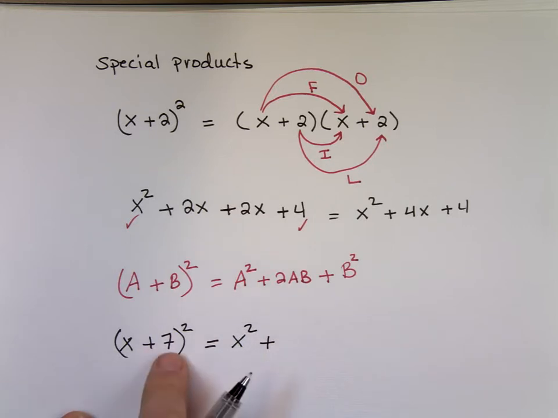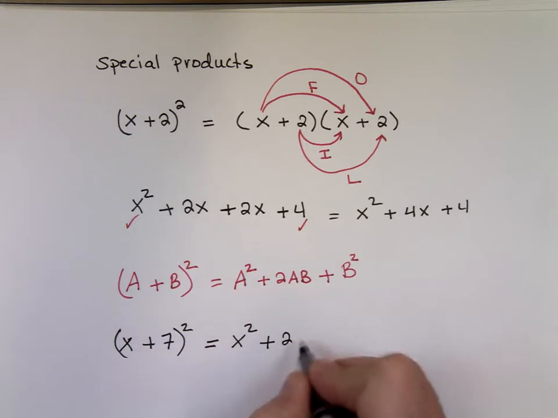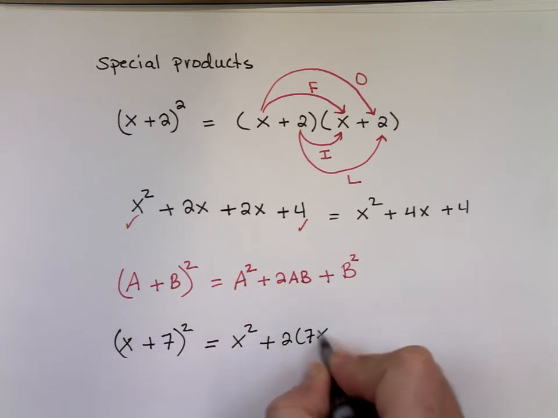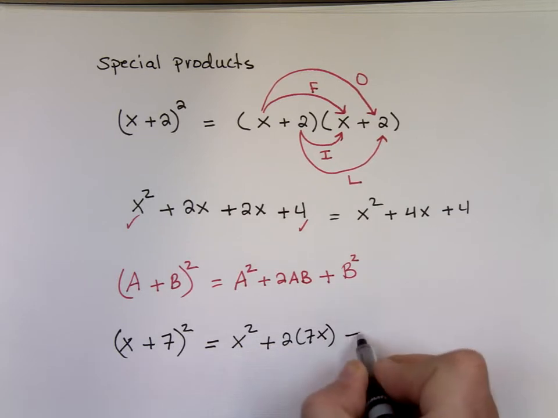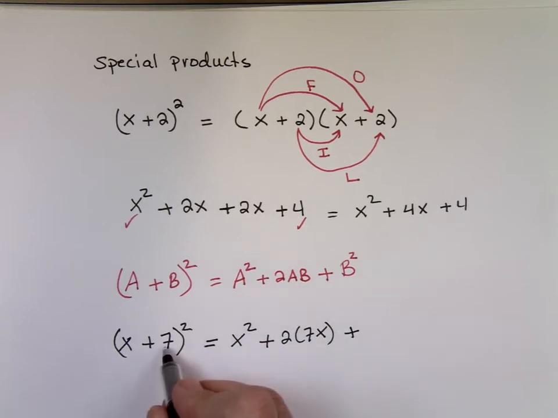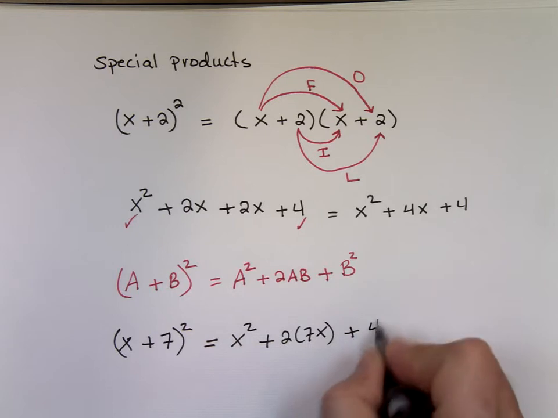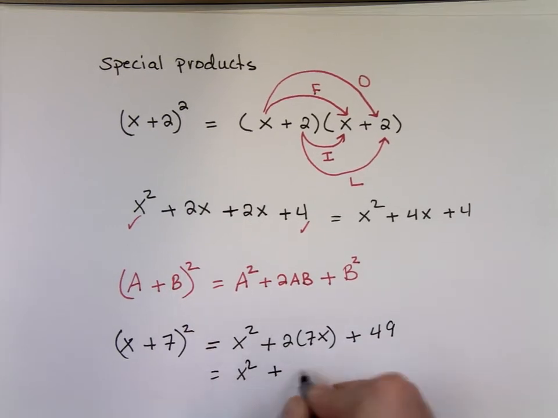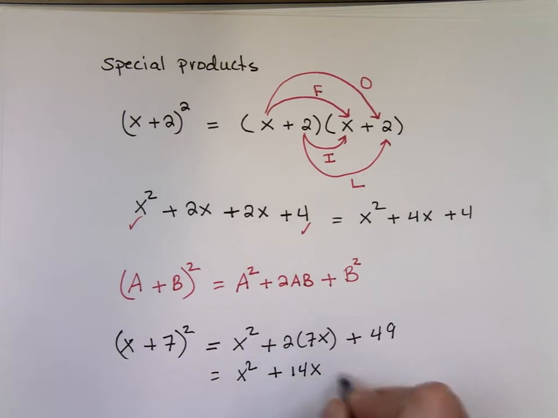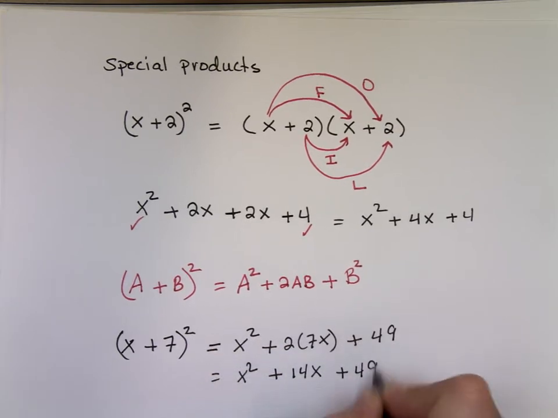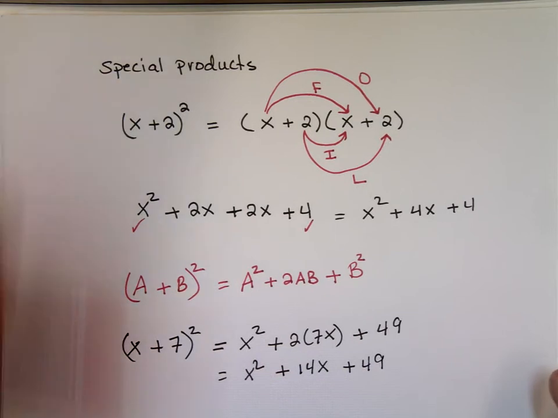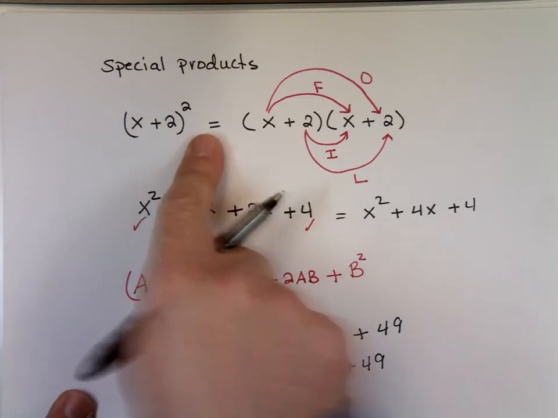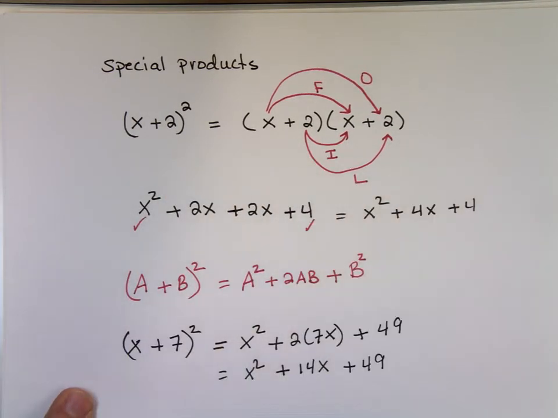Multiply these two, that's 7x, then multiply it by 2, which is what? Will be 14x, plus what? Square this one, 49. So it's x squared plus 14x plus the 49. When in doubt, if you forget all these rules, go back, use the FOIL method, get your answer, and collect like terms.